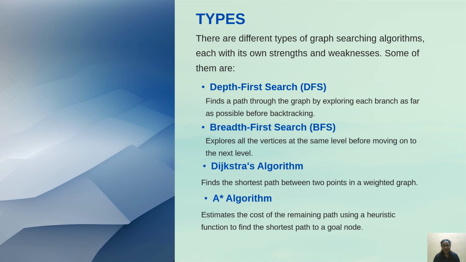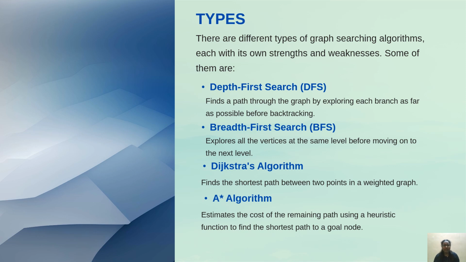Types of graph searching algorithm. There are different types of graph searching algorithms with its own strengths and weaknesses. Some of them are DFS, which stands for Depth First Search, which finds a path through the graph by exploring each branch as far as possible before backtracking. And then BFS, which stands for Breadth First Search, which explores all the vertices at the same level before moving on to a next level.